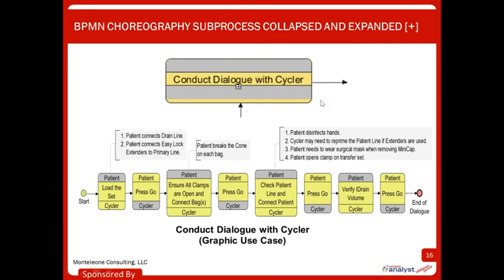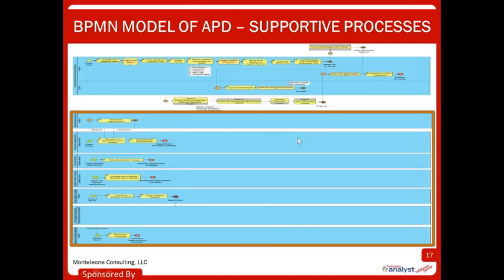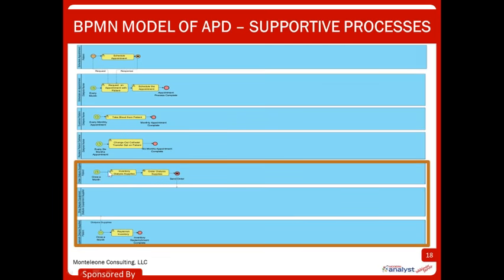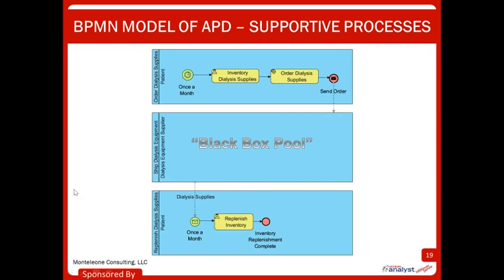Okay, I'm going to continue on here and now draw attention, I'll draw a frame around it, to the supportive processes. We've talked about the operational ones, but now we have these supportive processes, and you can see there are several of them. Each of these various ones have their own, and I'm going to highlight, zoom in on these last three. And let me blow those up so that we can have a better look at them.